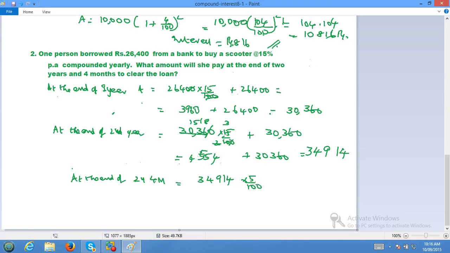So 5 by 100 times the principal, which is now 34,914 at the end of the second year. Multiply by 5, and keep the decimal point here, two zeros are there. So the interest is 1,745.70.